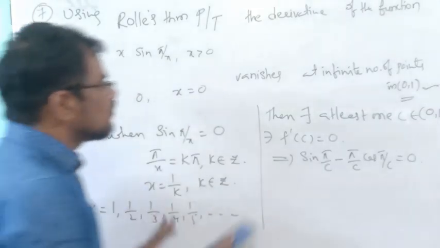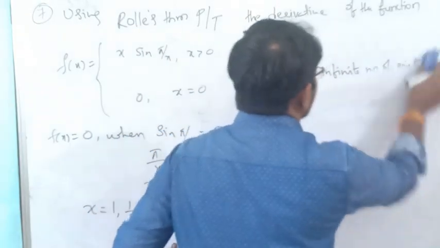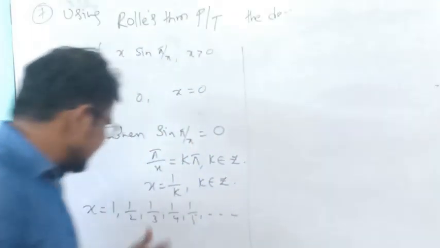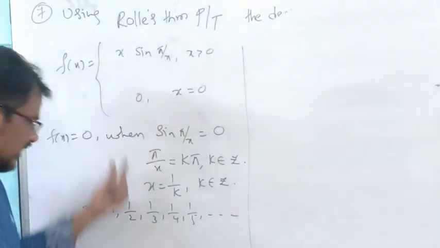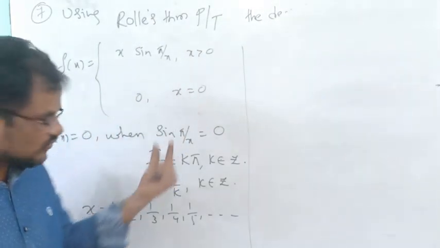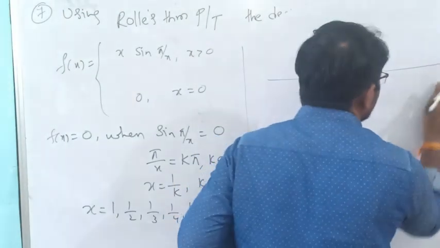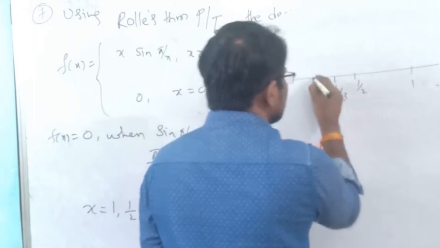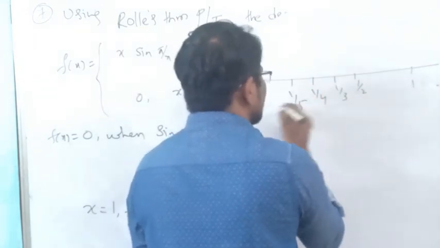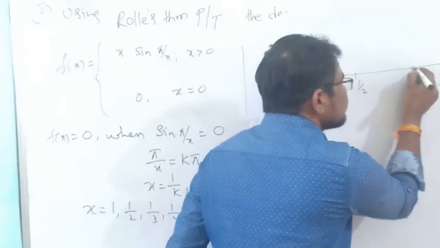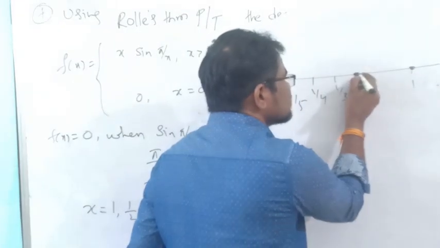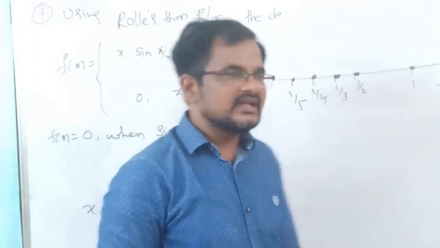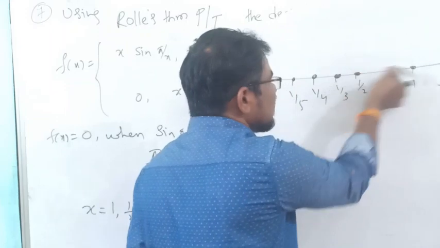So at x equal to 1, this function is 0, and at x equal to 1 by 2 the function value is also 0, 1 by 3 also. If you take here 1, here 1 by 2, 1 by 3, 1 by 4, 1 by 5, and so on, here the functional value is 0, here also 0, here also 0. So the graph is definitely either like this or like this.